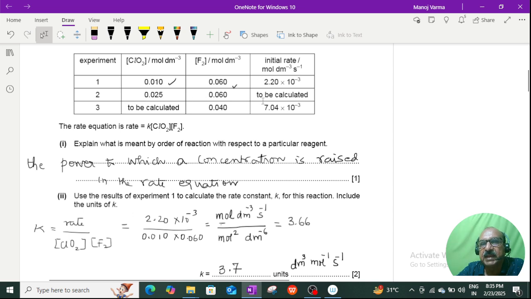So the rate is 2.20 times 10 raised to minus 3. The concentration of ClO2 is 0.010 and the concentration of fluorine is 0.060.